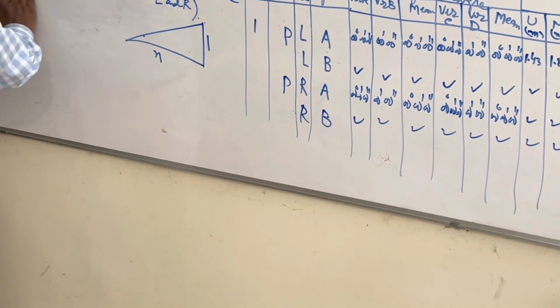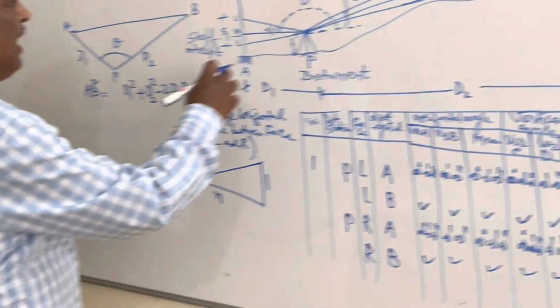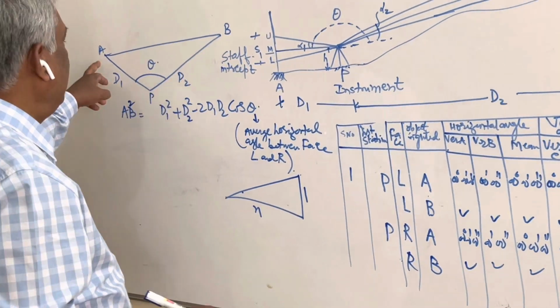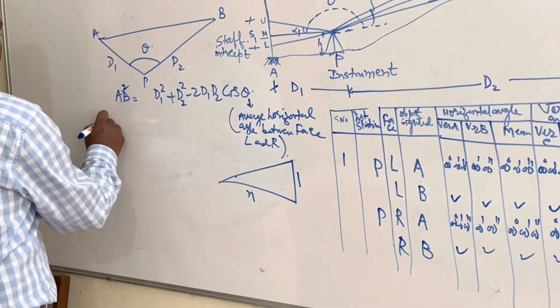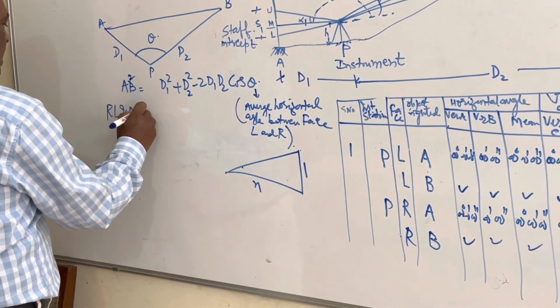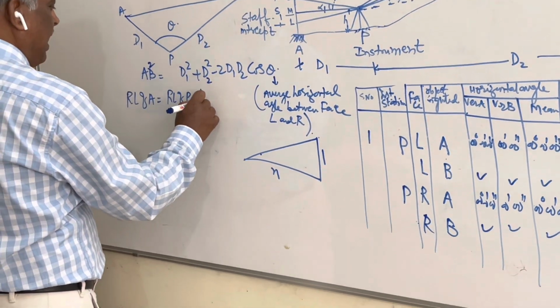So you have to find out vertical distance also. RL of A and RL of B. So RL of A will be, if suppose RL of P is known, plus height of instrument.